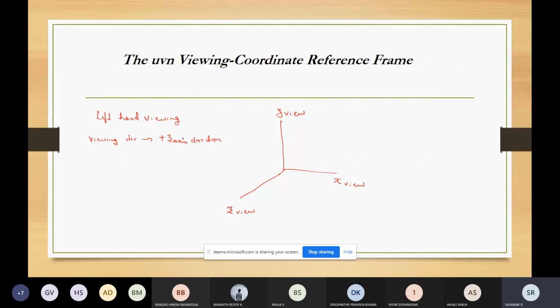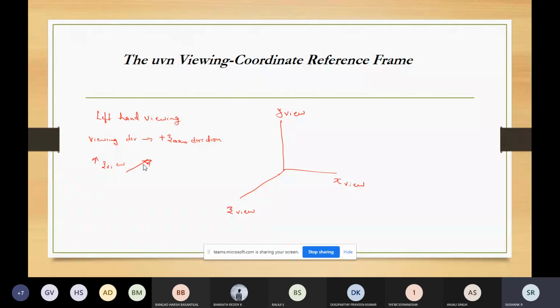In the left-hand coordinate system, as you keep increasing the value of z view, it is interpreted that the view plane is moving away from the viewing position, as if you are viewing from the line of sight.